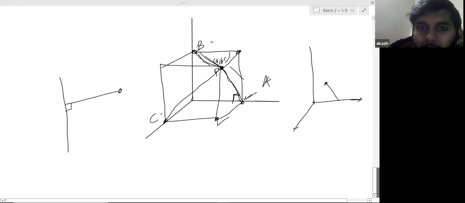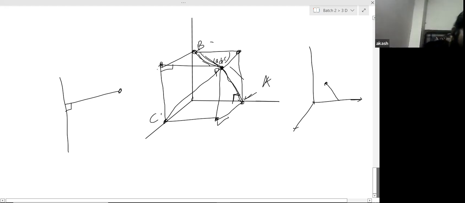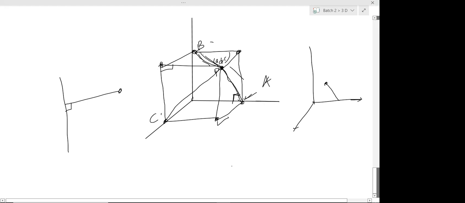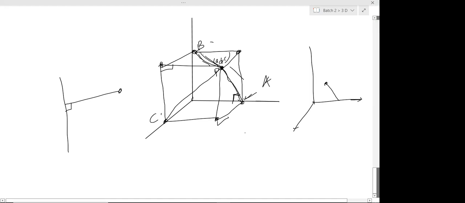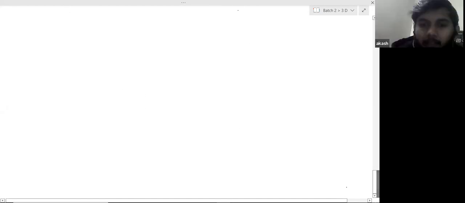XZ, this, YZ, this, directly perpendicular. Clear, Shafullah? And the fourth part also clear? Peer, Mazia, Alvia, absolutely clear?